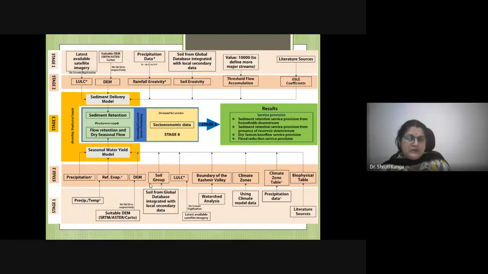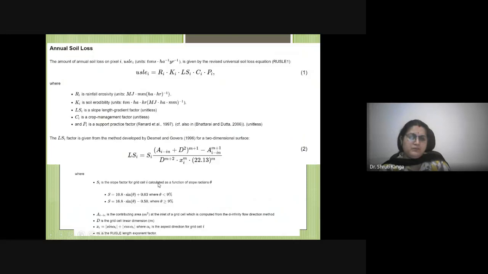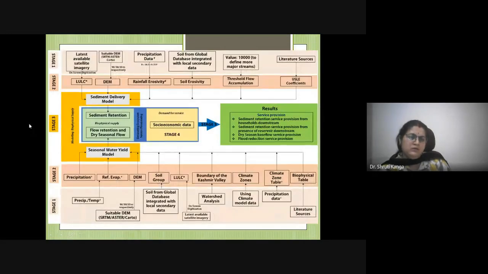Based on these parameters, in the case study, the seasonal water yield model was created, and the sediment delivery model has been created. Then in stage four, the socio-economic data was also incorporated, and finally, as a result, the sediment retention service provision from the household, these kinds of studies have been done.